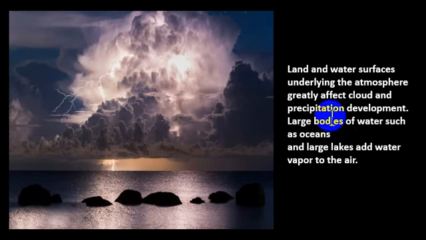Land and water surfaces underlying the atmosphere greatly affect cloud and precipitation development. This large body of water down here on the bottom is feeding water vapor into this weather system. That's just how it works.